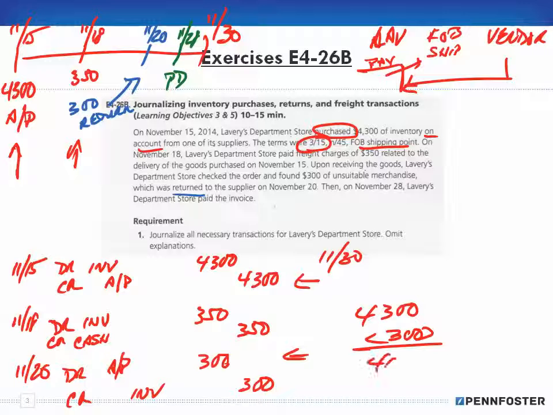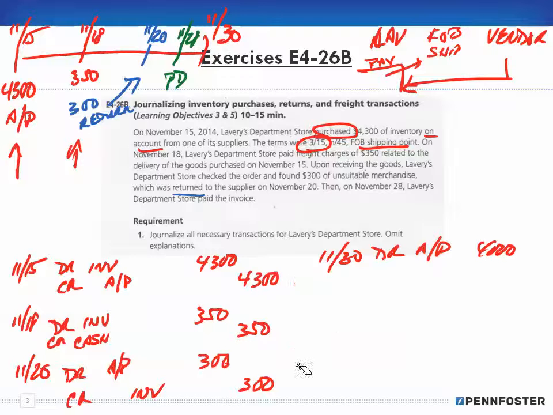So our accounts payable, we have to adjust that by 4,000. And since that has a credit balance, we're going to debit accounts payable for $4,000. Okay, and since debits have to equal credits, we're going to credit something else. Well, what are we going to credit? Well, we're going to credit cash, because we're going to pay our cash.